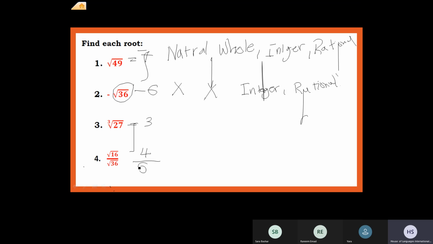No, natural means counting numbers. Is it whole? No. Is it integer? No. I told you, it must be only numbers. Is it rational? Yes, because I told you if the number is a decimal or fraction, it's only rational. It's not integer, whole, or natural.